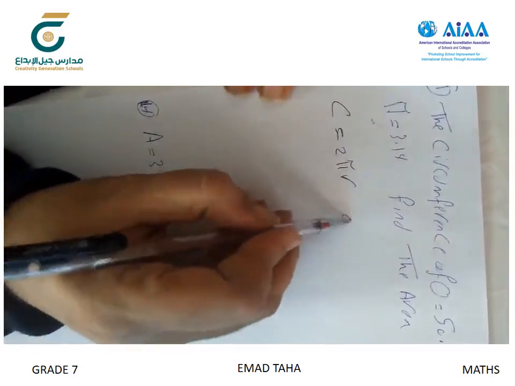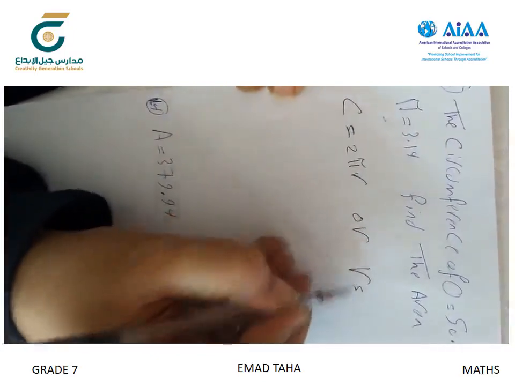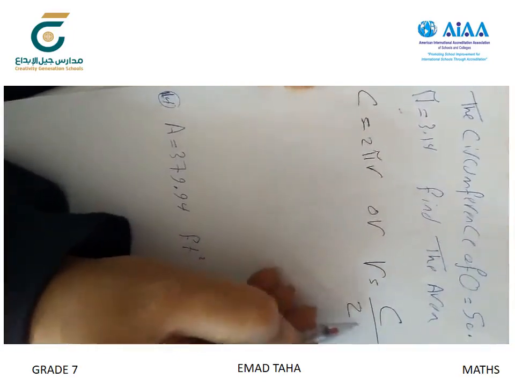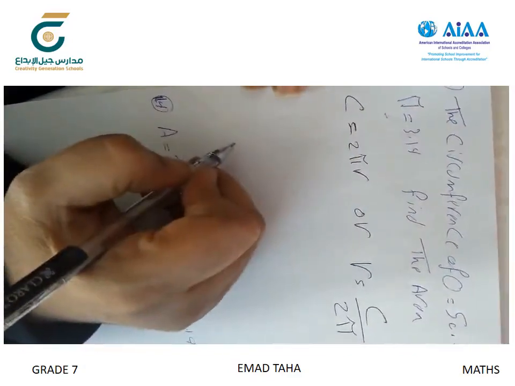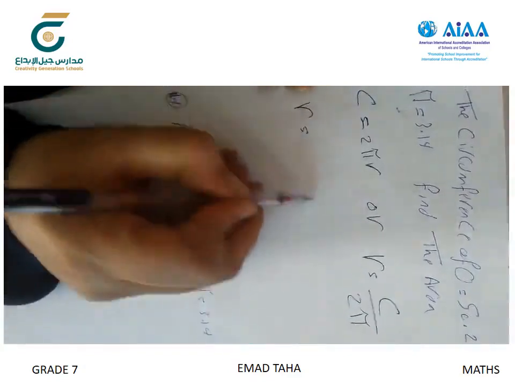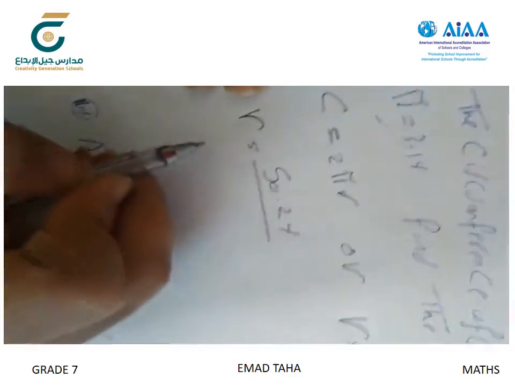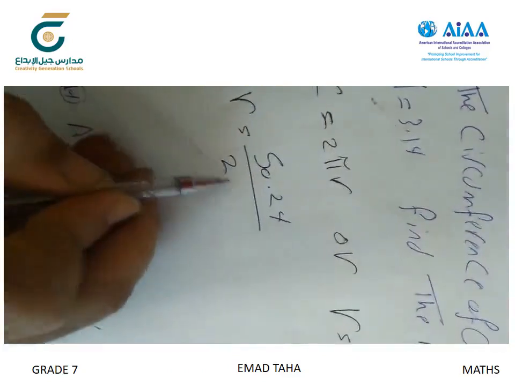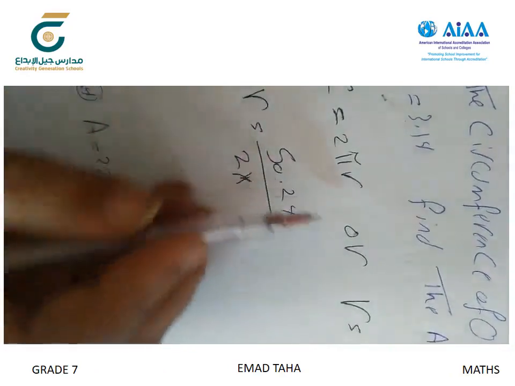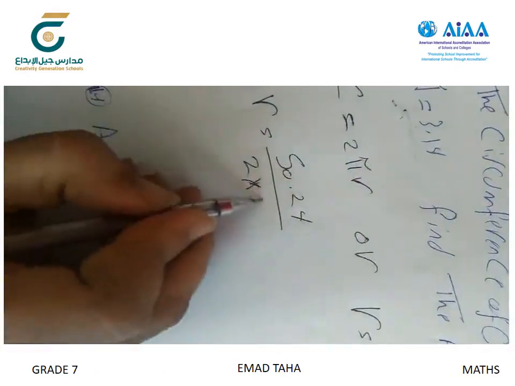Or r equals circumference divided by 2 pi. So r equals circumference, 50.24, divided by 2 multiplied by pi, which equals 3.14.